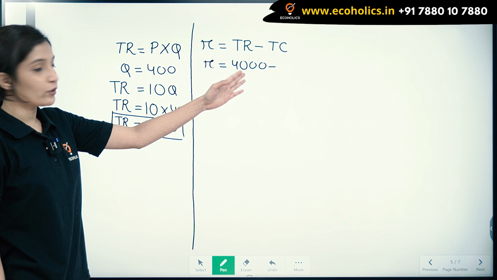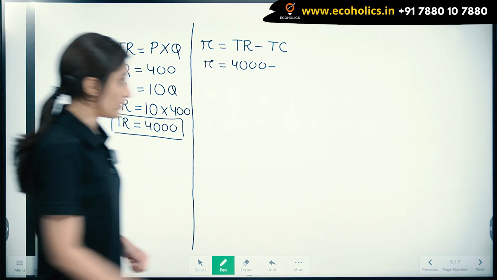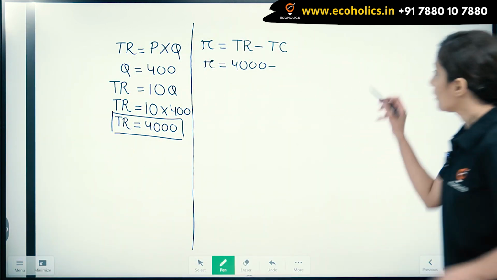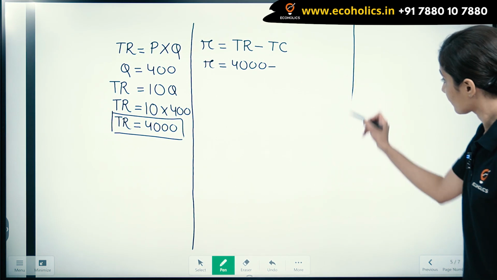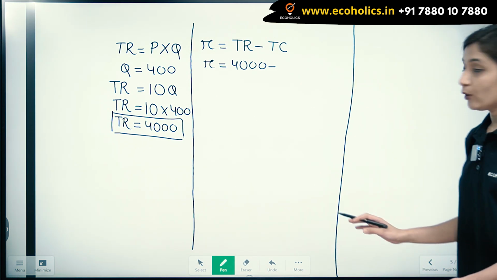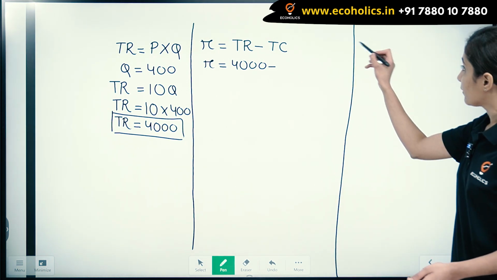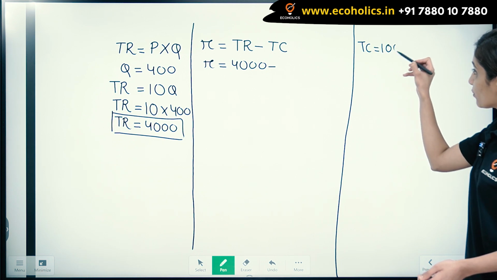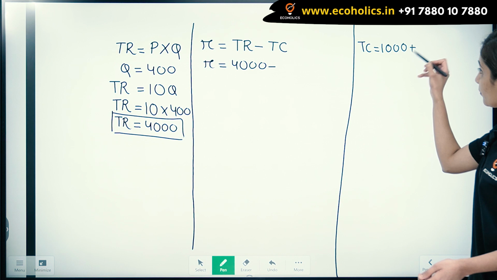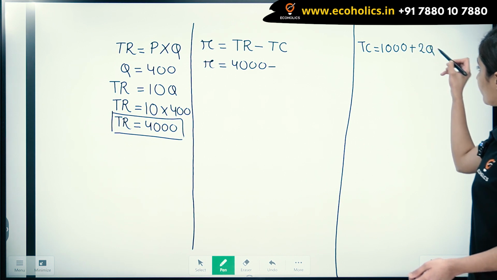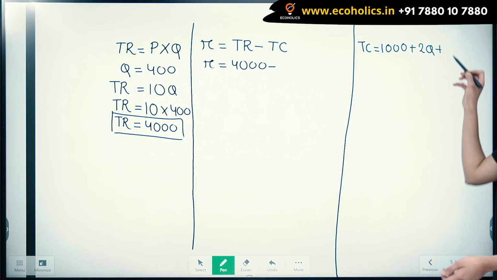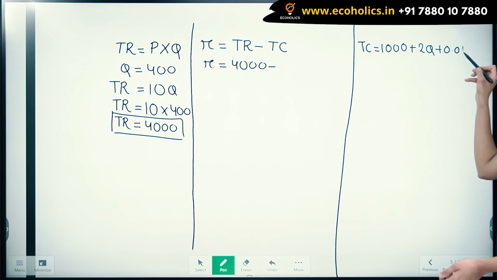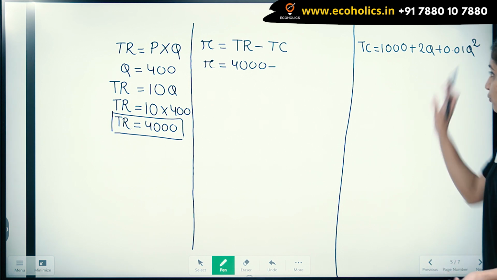Similarly, we are also going to calculate total cost. Now it's given that total cost is equal to 1000 plus 2Q plus 0.01 Q square. So this was given in our question.